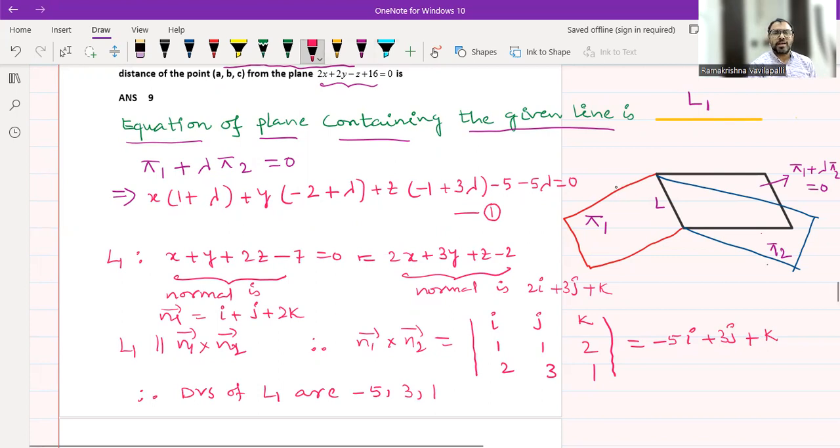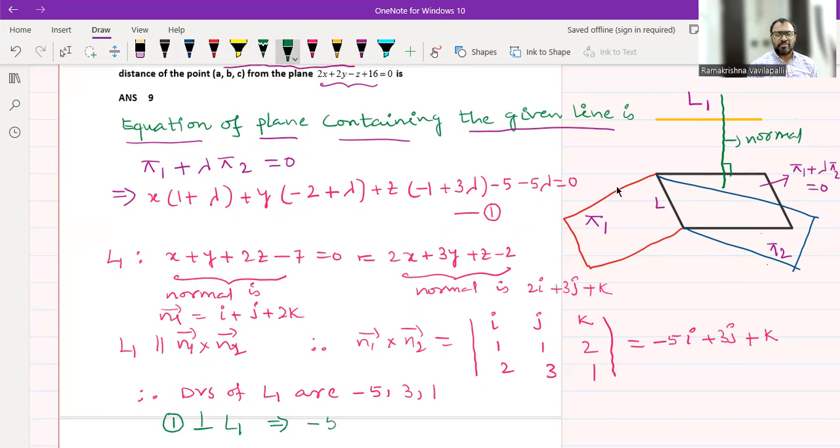Now you see the required plane pi 1 plus lambda pi 2 is parallel to L1. Which means the normal of the required plane is perpendicular to L1. So the product of DRS is 0.